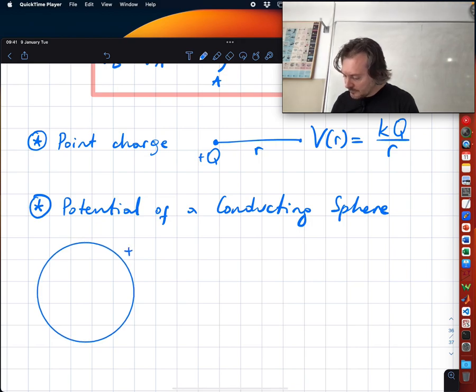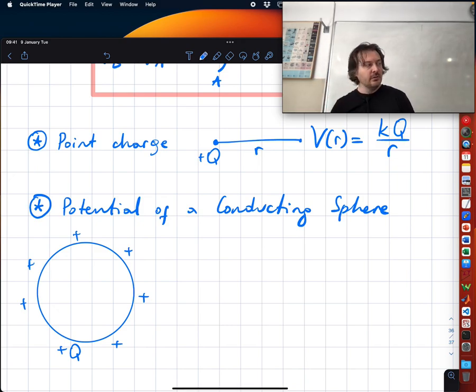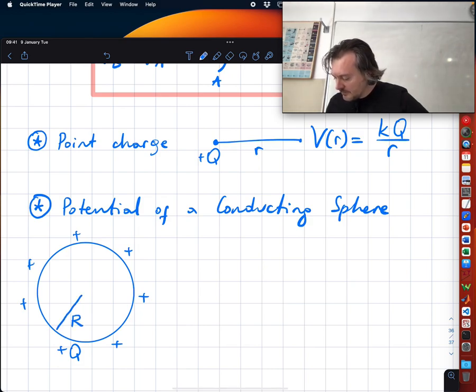So it has uniform charge plus Q. It has to be at the surface because of the material property. It's a metal. All charges go to the surface. It has a radius r, right?